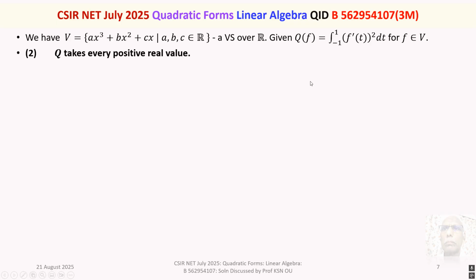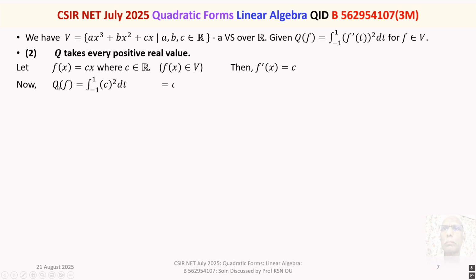That's right. But will it take all positive real numbers? It gives positive values because it is a positive definite quadratic form, but can Q take every positive real number? That's the question. For that, let us take f of x equal to cx, where c belongs to R. Obviously, f of x belongs to V. Then f prime x is equal to c.